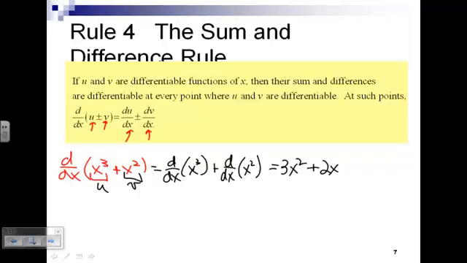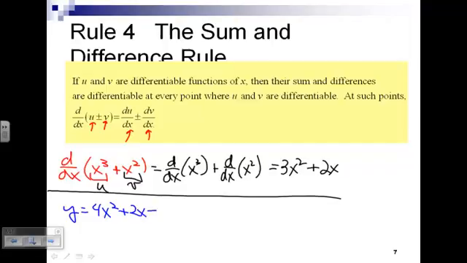Let's do one more. What if y is 4x squared plus 2x minus 5? If I wanted to be very explicit about how I'm doing this, I would break this down into 3 derivatives.